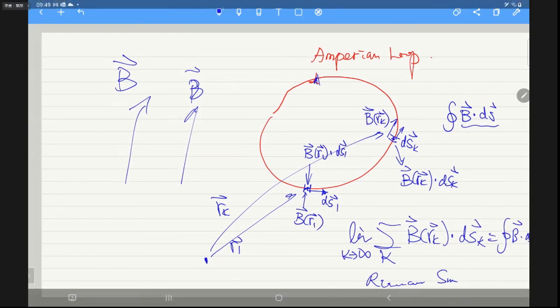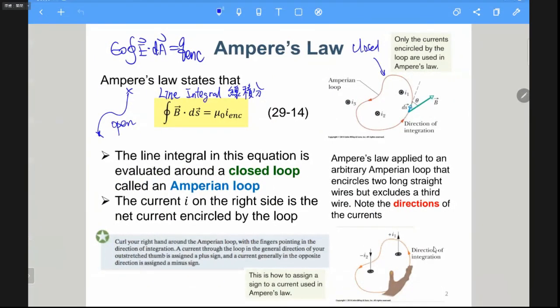So here on the left side, we have the line integral, and the right side is nothing but a scalar, because we have the inner product. After the inner product, it should become a scalar, and then we just add them together, so it should still be a scalar.